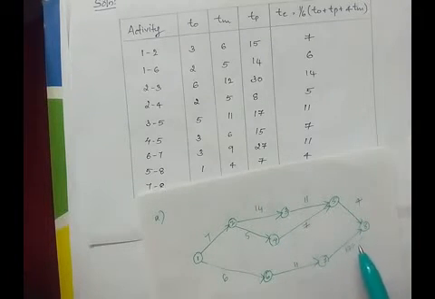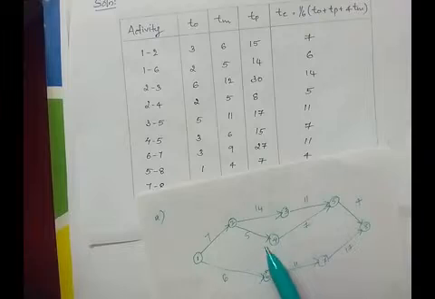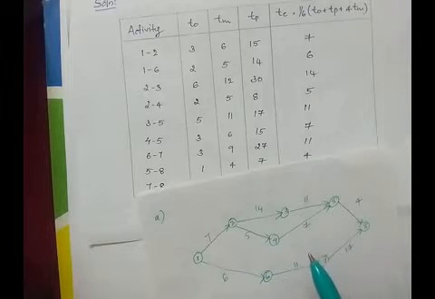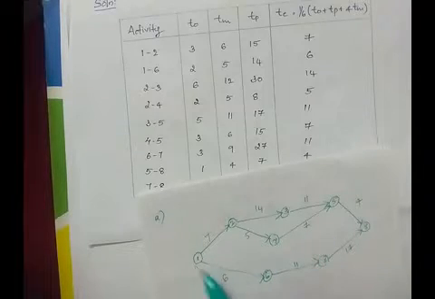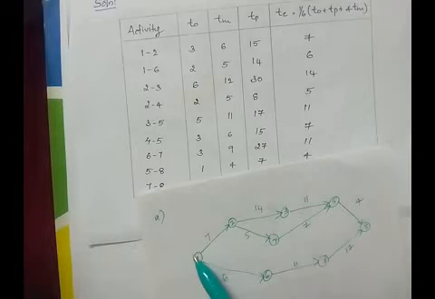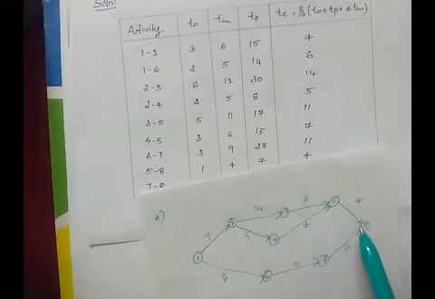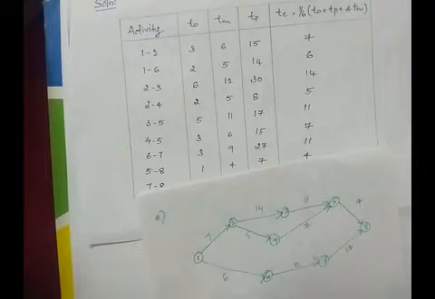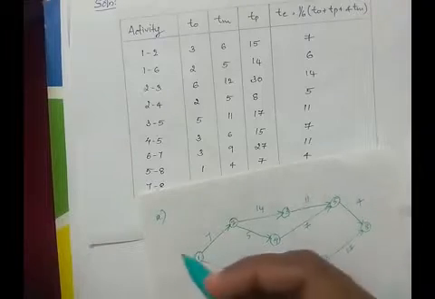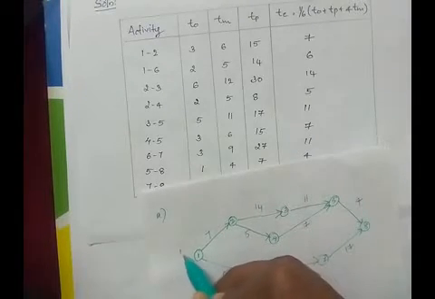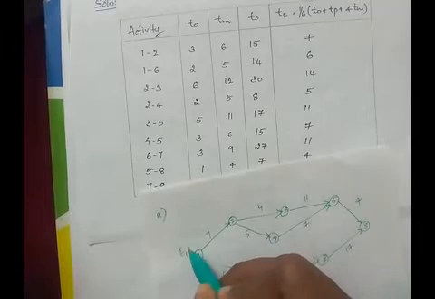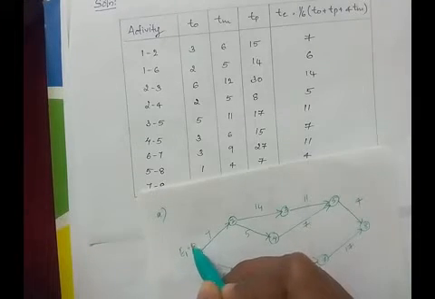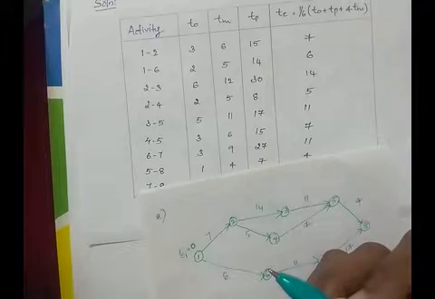Now we have to find the TE and TL values for each event, only then will we be able to find the critical activities. So next we have to find the E values and the L values for each event. Starting with the E values, the earliest event values, since E1 is the first event, its value is 0.